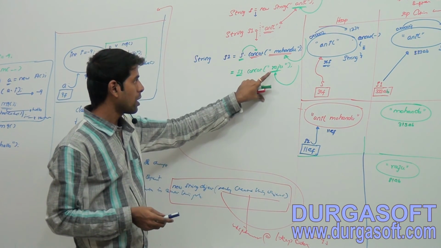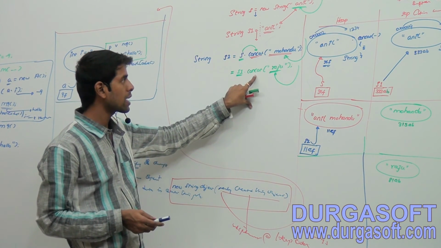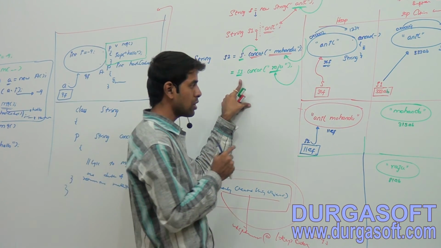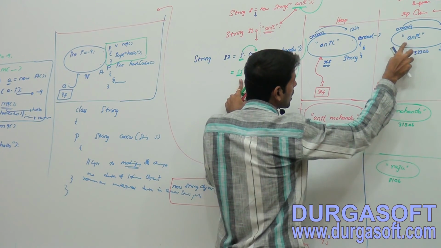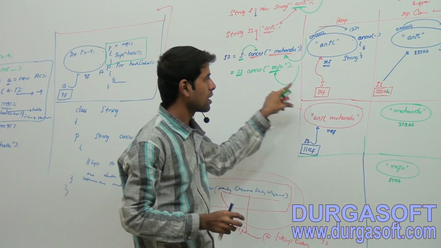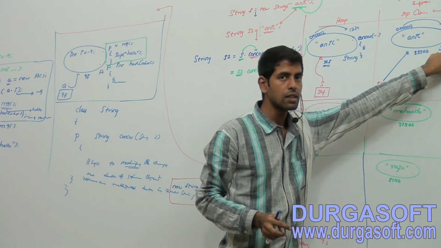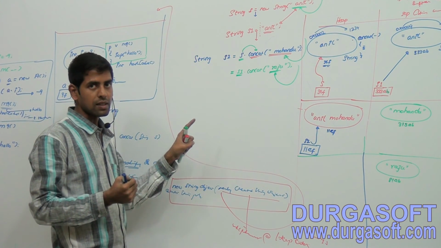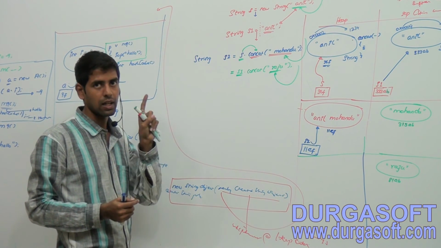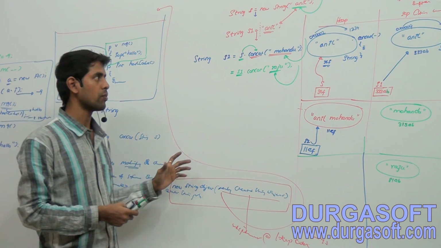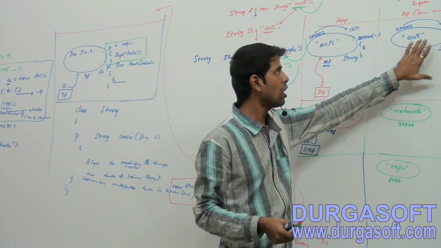Now observe here, S1 dot concat. S1 is which object? This object. S1 dot concat, and this concat method has the logic of modifying the existing object data. But this string object will not be modified.